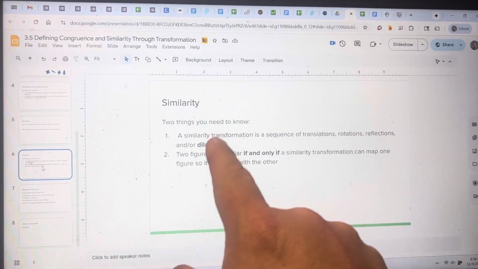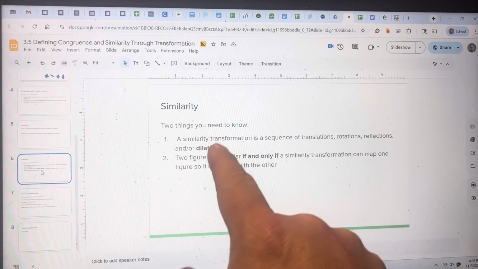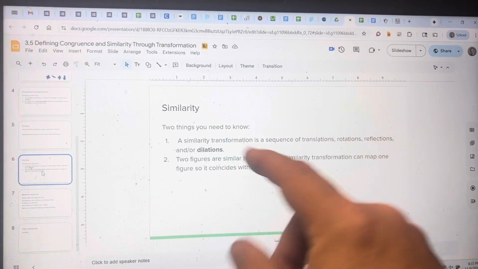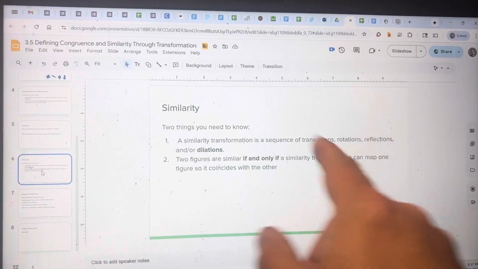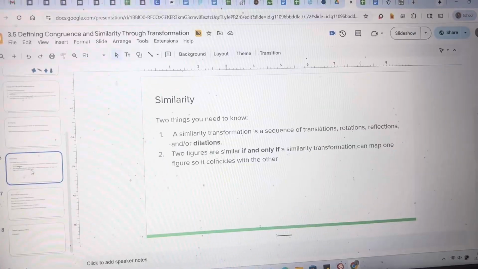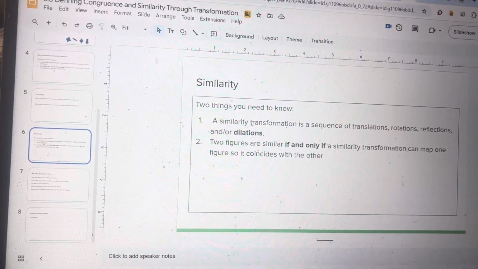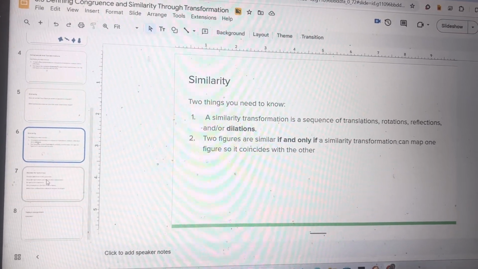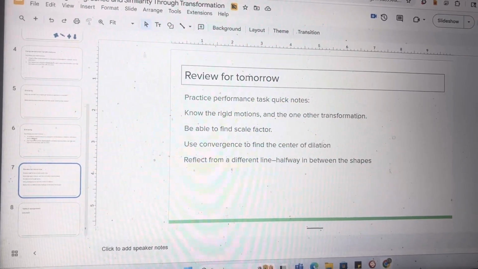And specifically, it has to have the dilations. It could have just the dilation and nothing else and that's going to create similar shapes. But if we do any of these other things and then a dilation, it's just going to be similar. And they are similar if and only if a similarity transformation can map one figure so it coincides with the other. So this is a review.